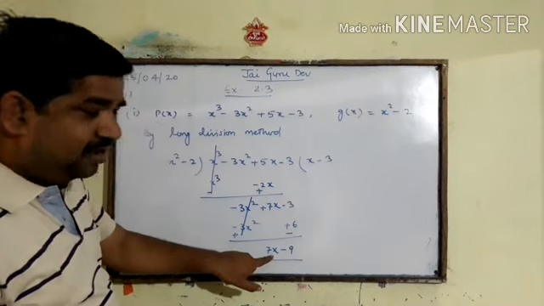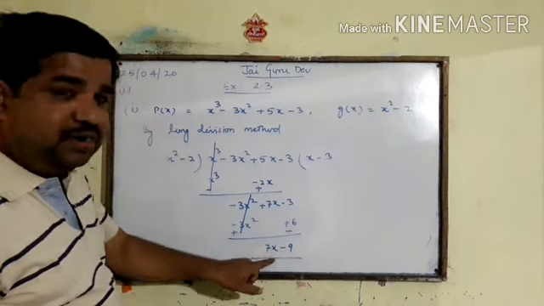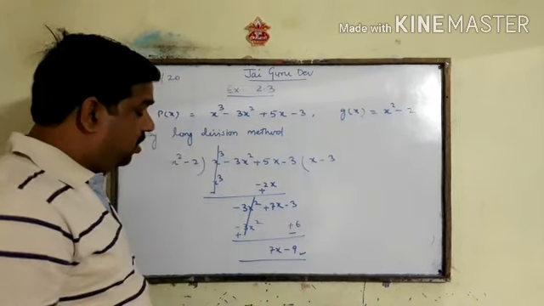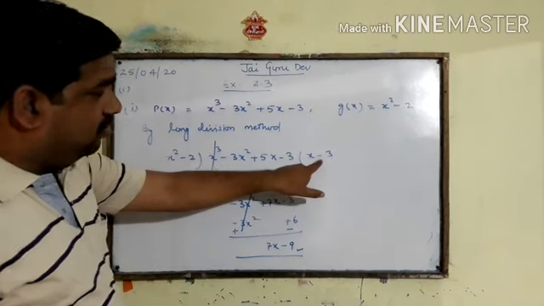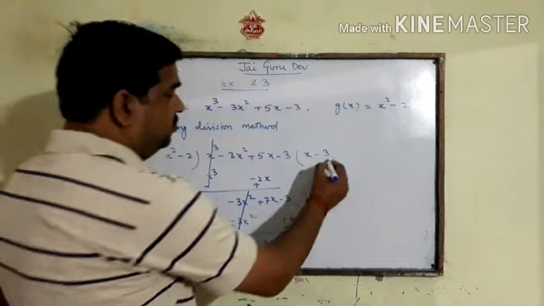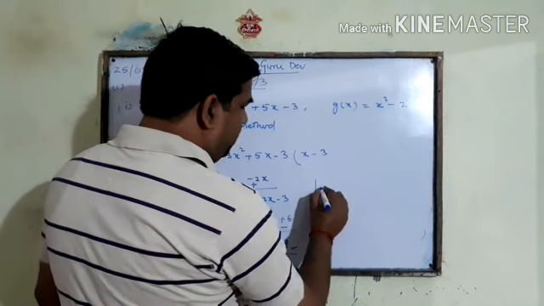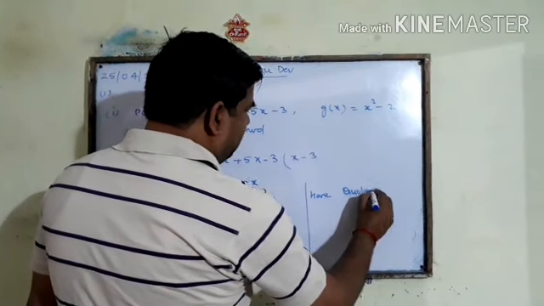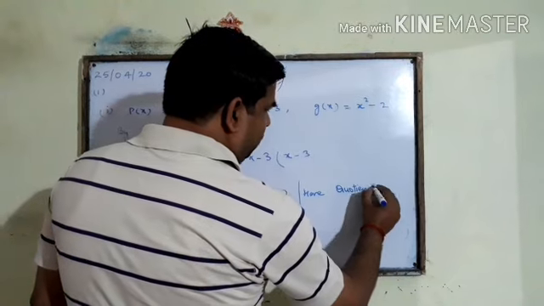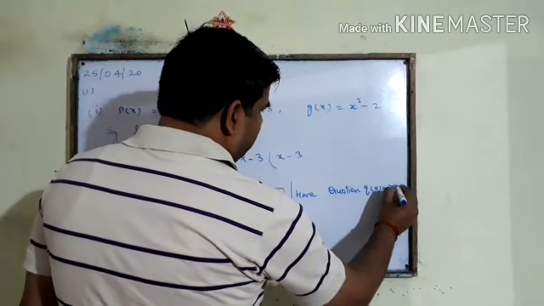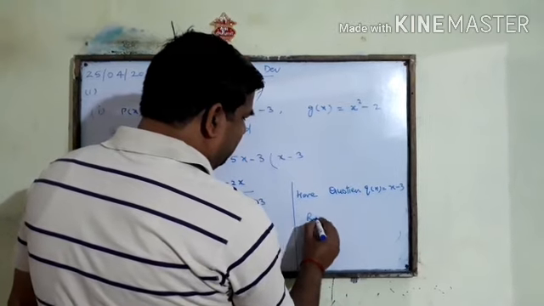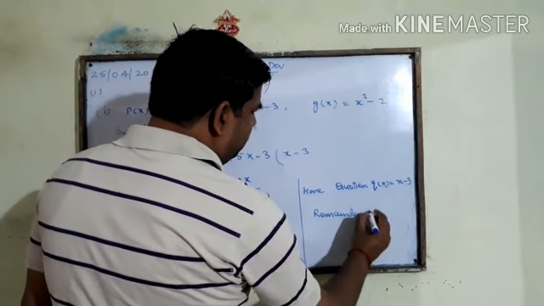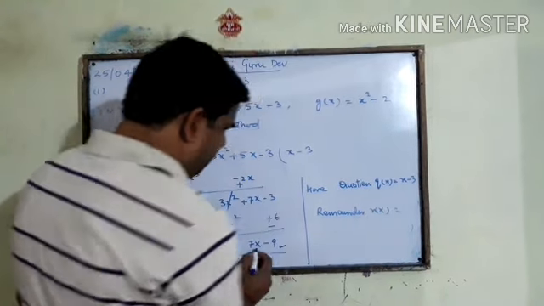We can say this is the remainder polynomial r(x), and this is the quotient polynomial q(x). Here the quotient q(x) equals x − 3 and the remainder r(x) equals 7x − 9.